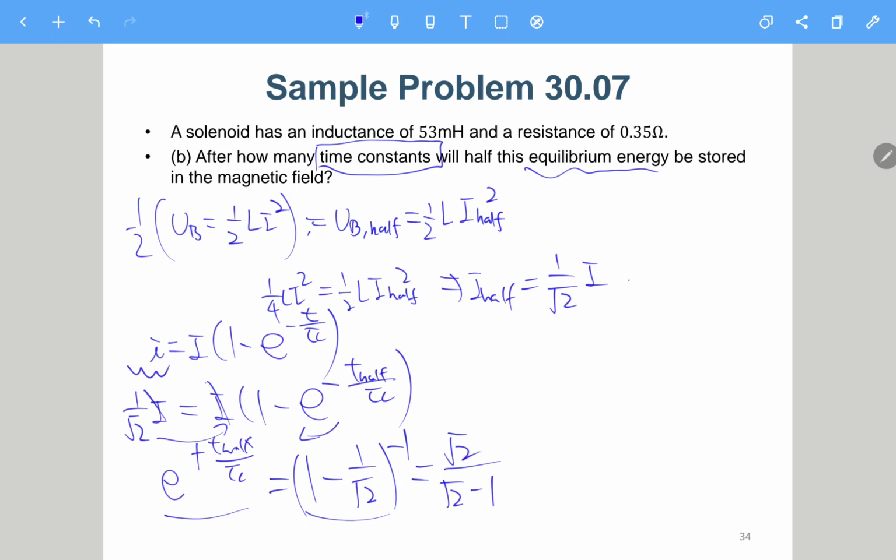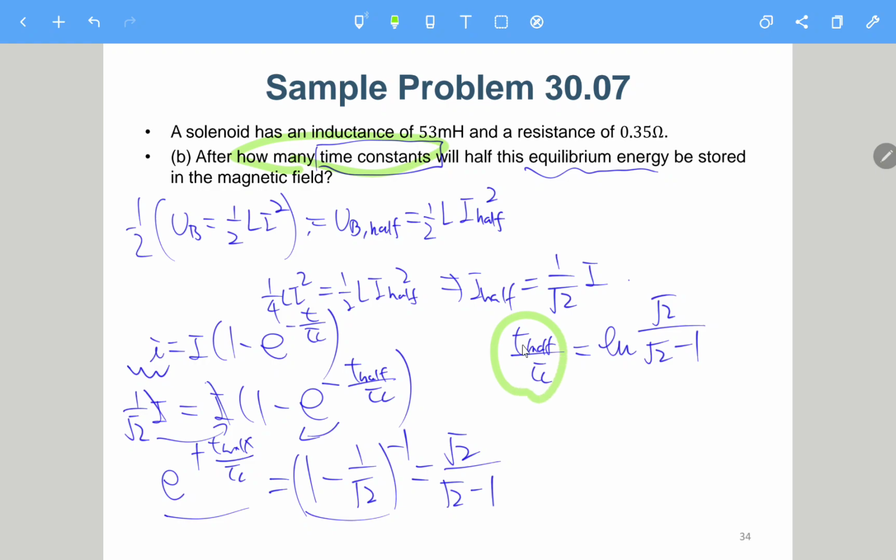And then we can take natural log on both sides. So we have t half over tau L will be natural log of square root of 2 over square root of 2 minus 1. We only need to know how many time constants, so we just leave it on the left side.